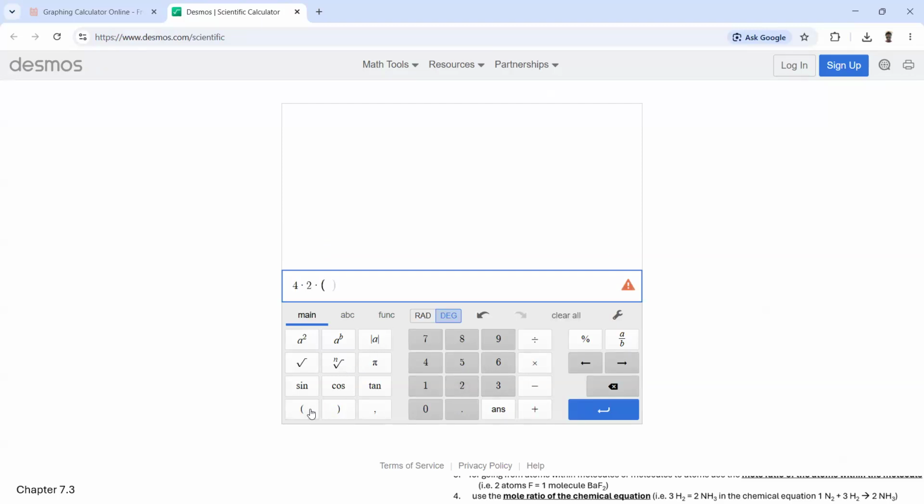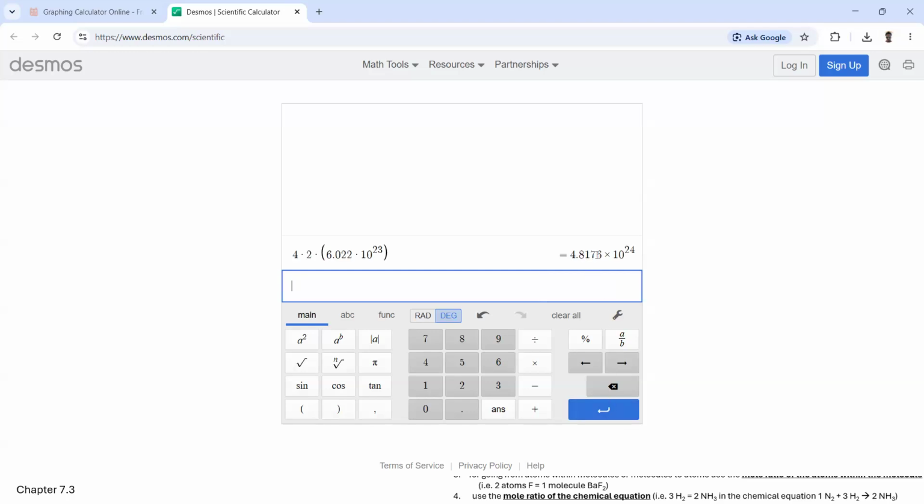Again, if you don't know how to use your calculator that well, I recommend putting anything in exponential notation in brackets. Once you learn how, you don't have to do this, but it's good to learn. It's good to practice this way. And then we'll say times 10 to the 23rd. I'm going to drag the arrow over a bit, put a closed parentheses. So let's check it out.